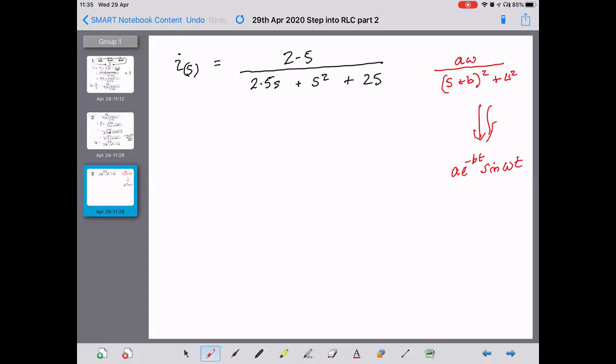So if we can get our expression to look like this one, with a constant and s added together and all squared inside brackets, a constant squared on the end representing omega squared, and another constant on top representing I times omega, the two omegas being the same.